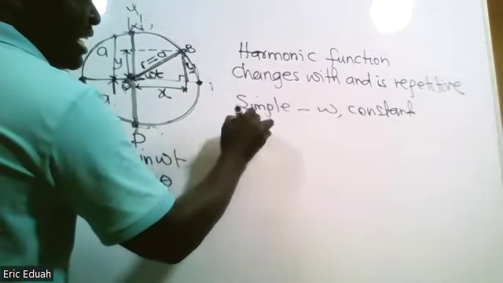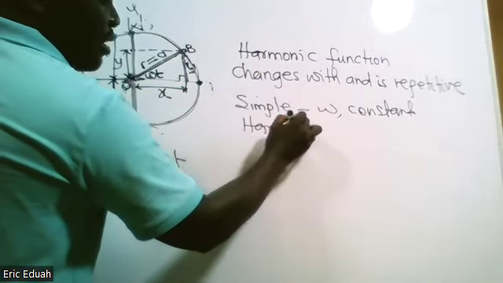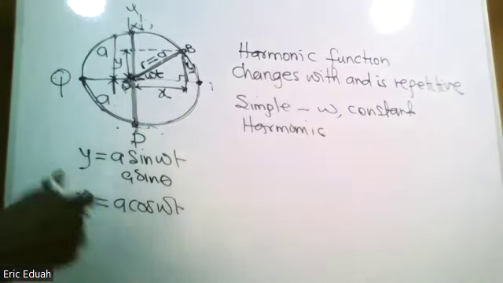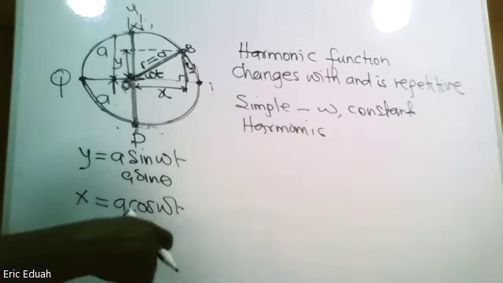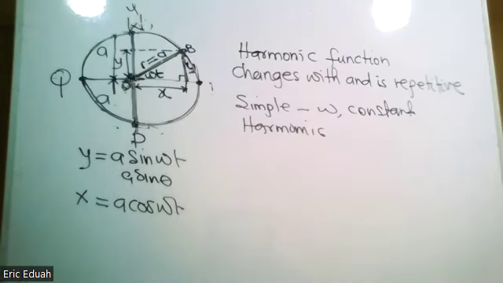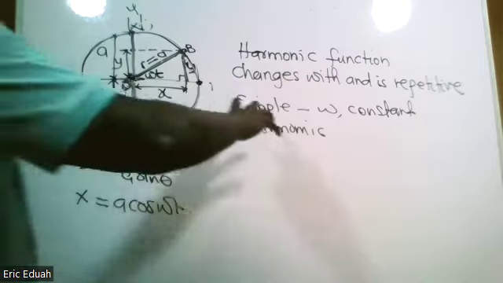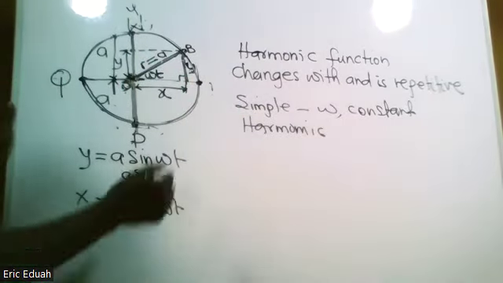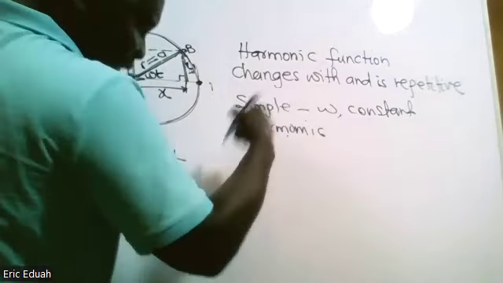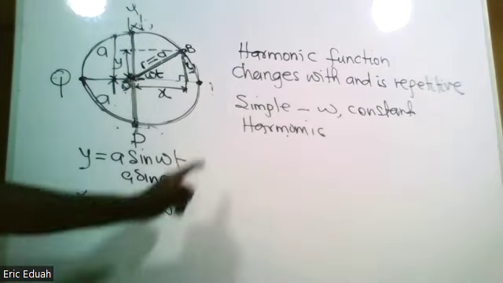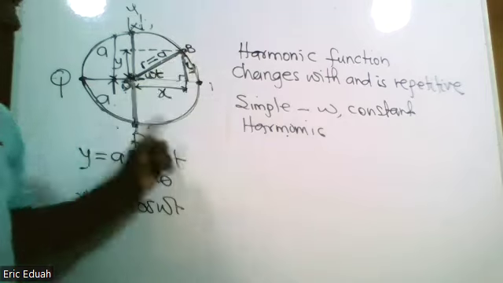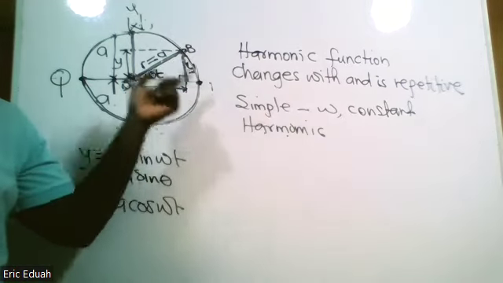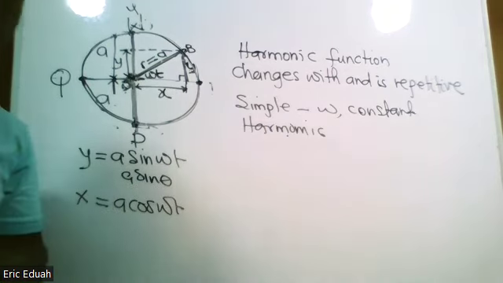It is harmonic because some quantities such as displacement, velocity, and acceleration change with time, and it is repetitive, hence harmonic. Then, because this is a motion, this behavior explains whatever we see as simple harmonic motion.